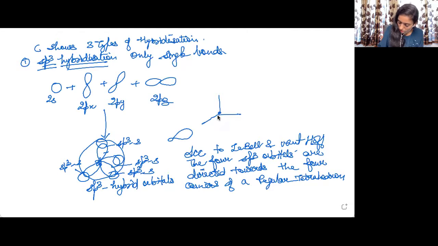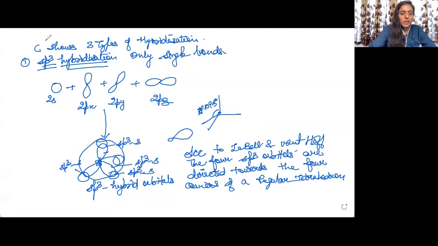Okay, so you can just draw it like this so that we can show that it is tetrahedral. And all the bond angles are 109, sorry, 109.5 degree. So I think this much should be clear to you. So this is the methane molecule.